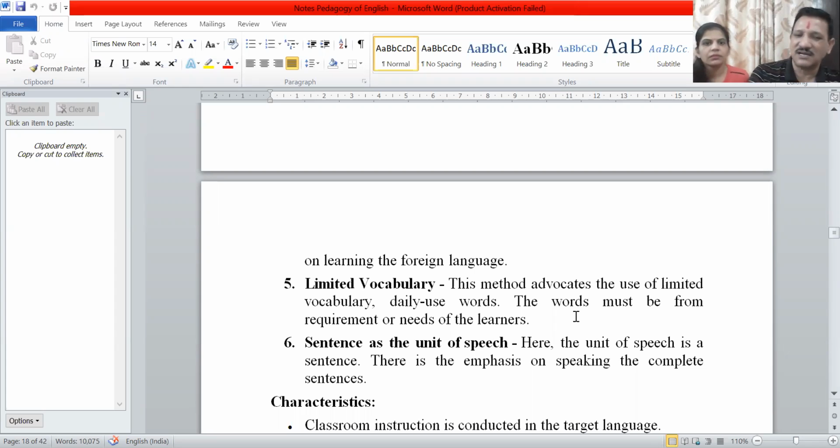And the last is the sentence as a unit of speech. We know that while we are speaking, we make sentences. So the sentence is the unit of speech, and the emphasis is on speaking the complete sentence, not an incomplete sentence.